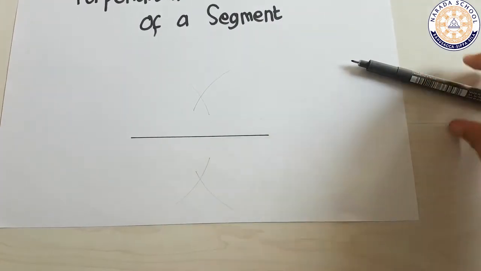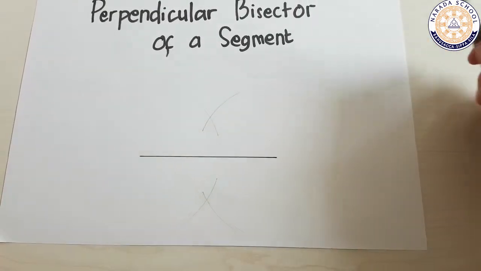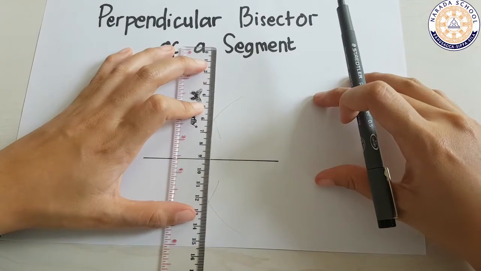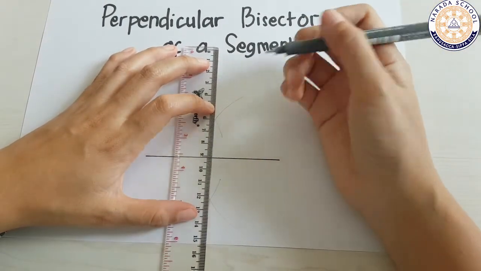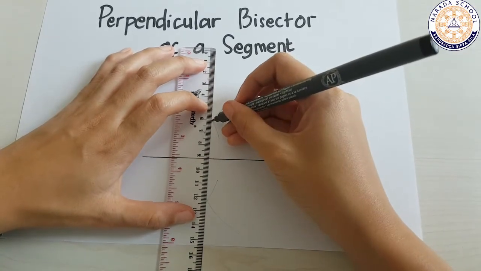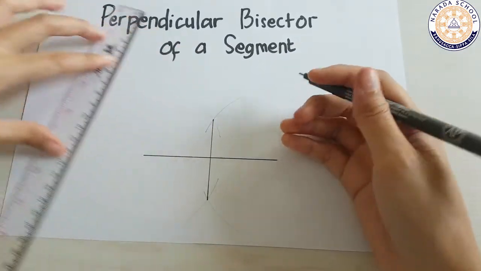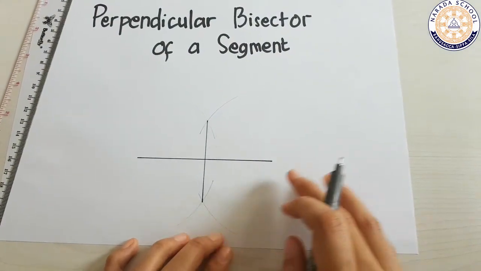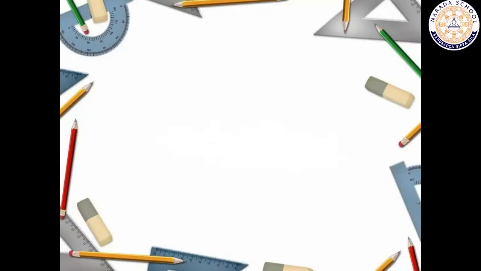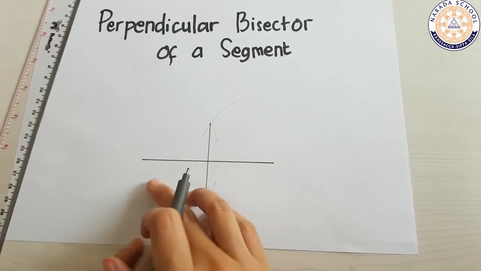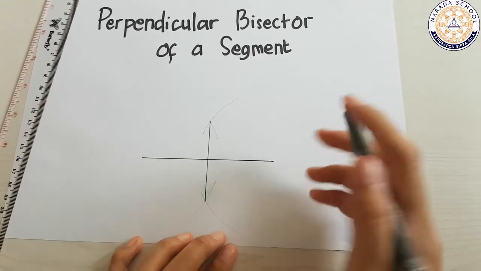After this, we have an intersection of the arcs over here, and then we will make another line through the intersection of the arcs right here. So like this, this line divides the segment.